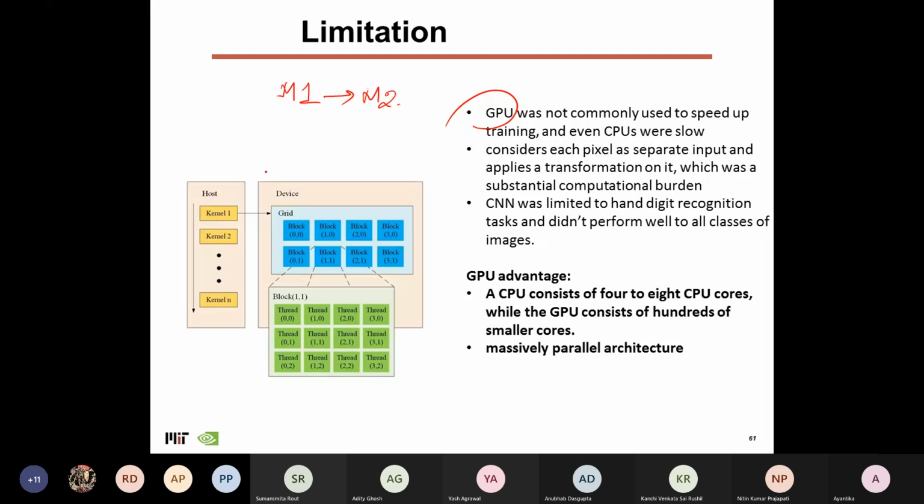Why? Here the concept is, let's say this is your kernel. Kernel means you have considered some core operations, like multiplying the filter with some input feature map. That is your core operation. Now you break those core operations into sub-operations and offload them into blocks.